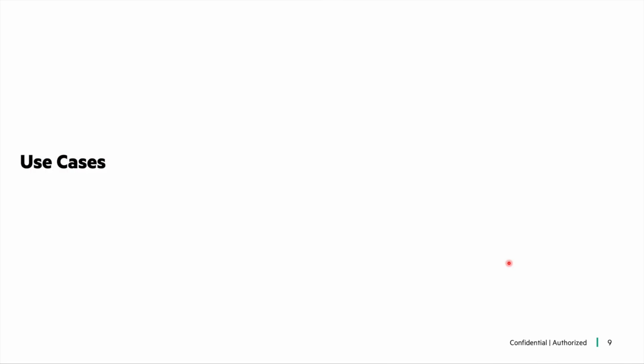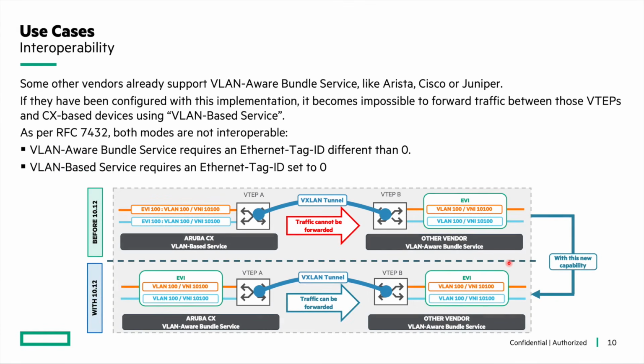Now let's move forward with the use cases. First, the main use case for this new capability is a matter of interoperability with other vendors. Before 10.12, as we already mentioned, AOS-CX only handled VLAN-based services. But because VLAN-based and VLAN-aware Bundle cannot interoperate, we were not able to create fabrics with other vendors which were implementing VLAN-aware Bundle Service.